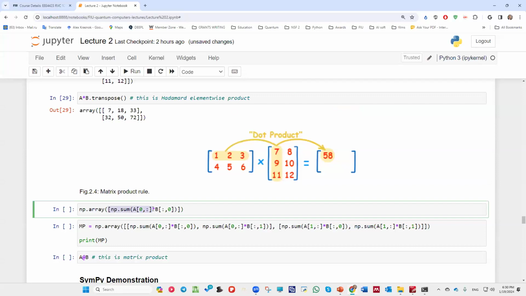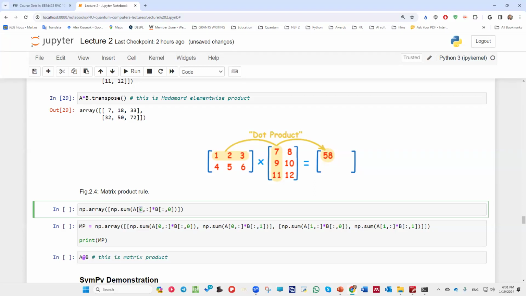The slice, as we discussed in the first lecture, is done with this syntax: taking the slice of the row, like the first row of this matrix A, and then you take the slice of the first column of the second matrix.